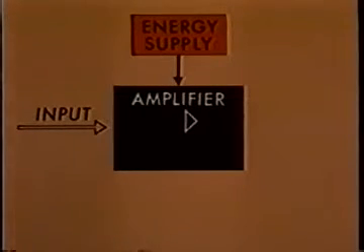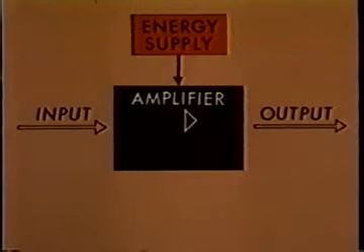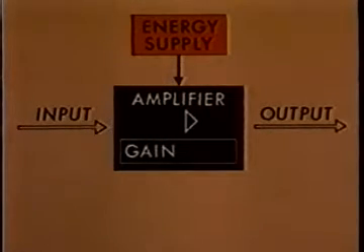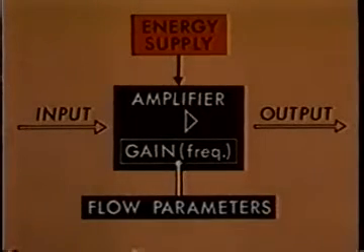This could be upstream turbulence, noise, or an intentional disturbance we put in. The output is damped or amplified waves. When the amplification ratio, the gain, exceeds unity, we have instability. The amplifier gain varies with frequency and also depends upon flow parameters.